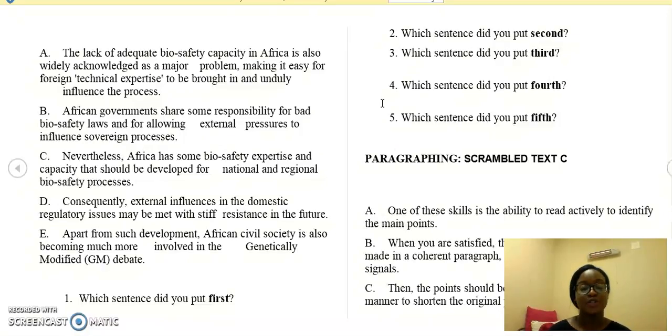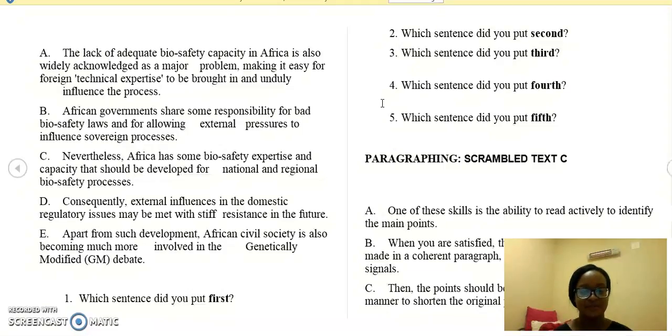D. Consequently, external influences in the domestic regulatory issues may be met with stiff resistance in the future. E. Apart from such a development, African civil society is also becoming much more involved in the genetically modified debate.